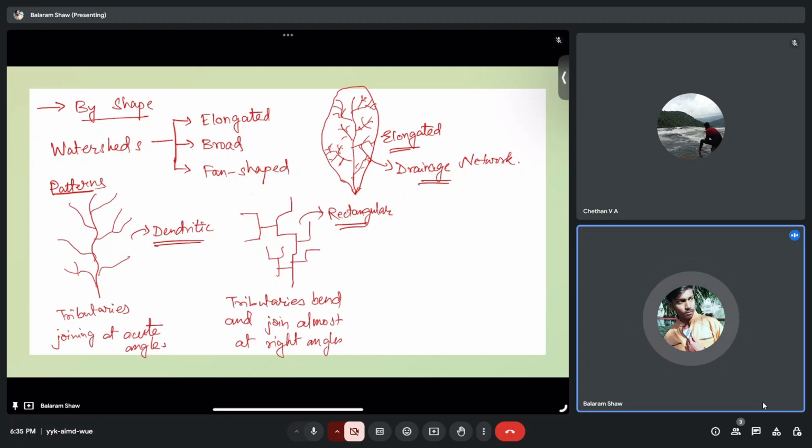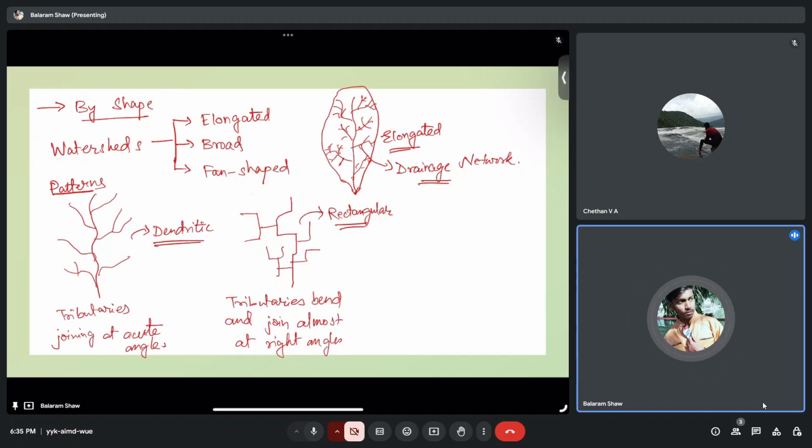This kind of pattern is mostly visible in urban watersheds, because urban watersheds are mostly human made, and humans make very perfect kinds of channels, and because of that most of the tributaries join at right angles. But it's not compulsory that it is in urban watersheds. It can be there in other types of watershed also.